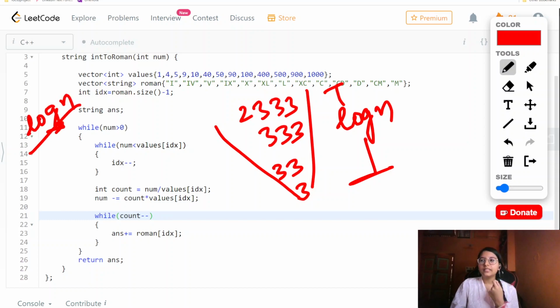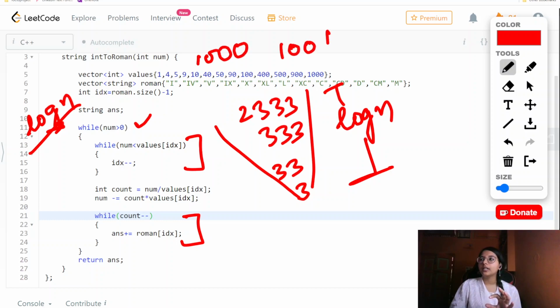Now comes the next part: there is one more while loop here, and one more while loop here, right? So because of this, this could run up to a total of n times as well. Say we are having some number like 1001.